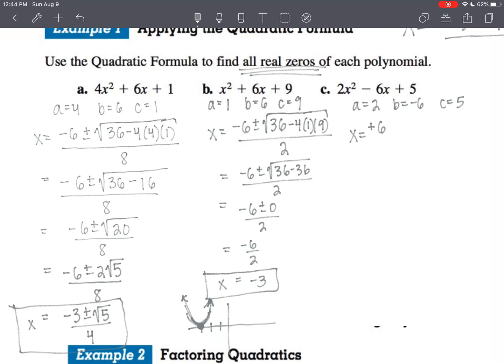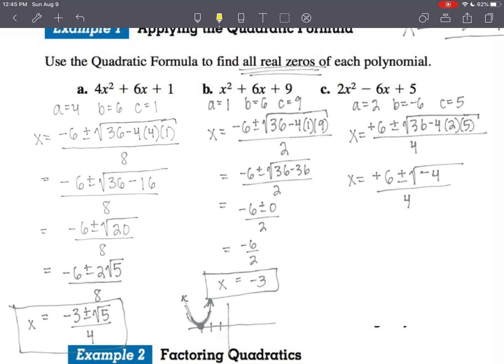The opposite of -6 is +6, plus or minus the square root of 36 minus 4 times 2 times 5, all over 4. X equals +6 plus or minus the square root of 36 minus 40. That's -4, all over 4.